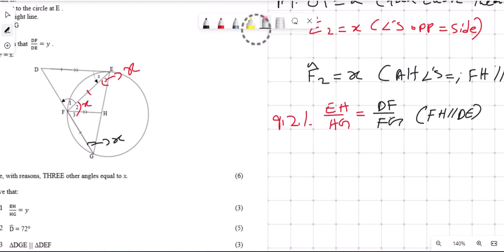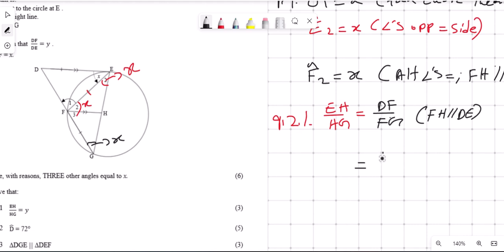Yes, with that stripe. Do you see that, Danny? So if we come back here, this will mean that this is DF.